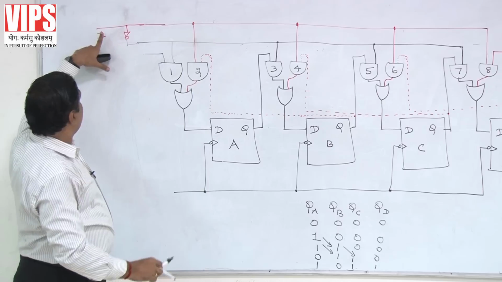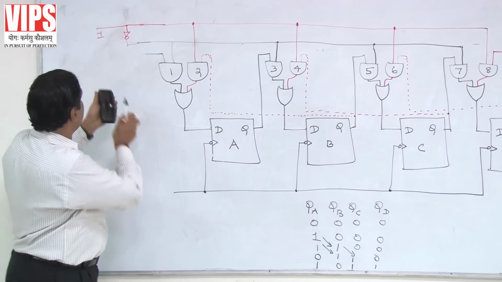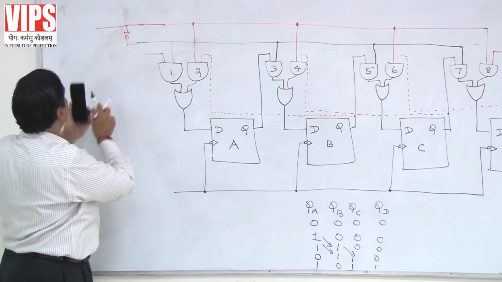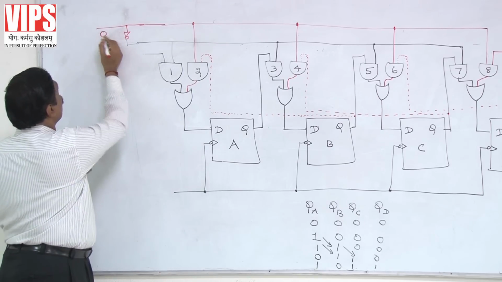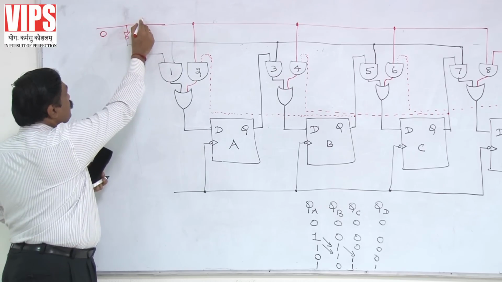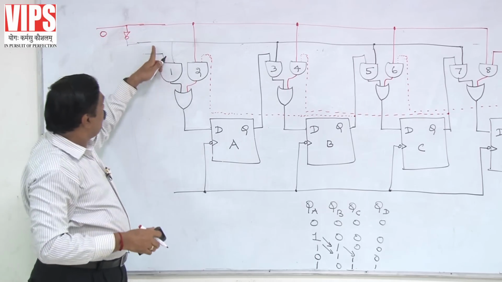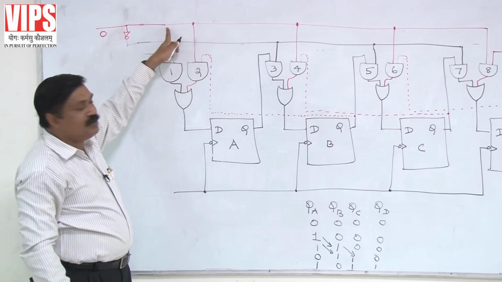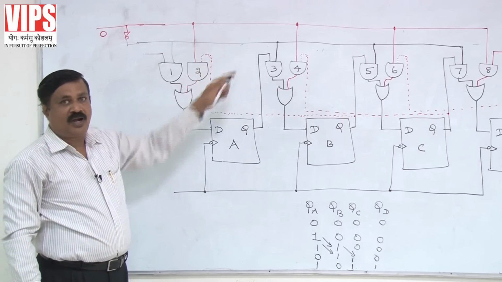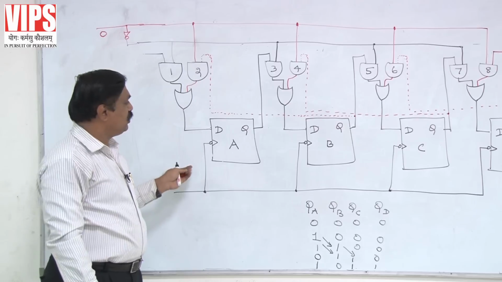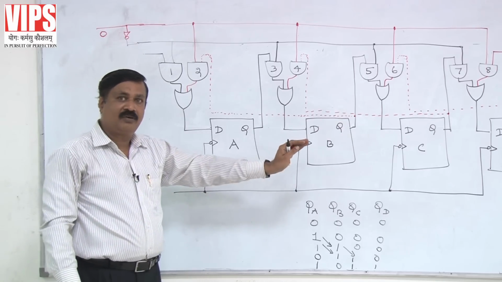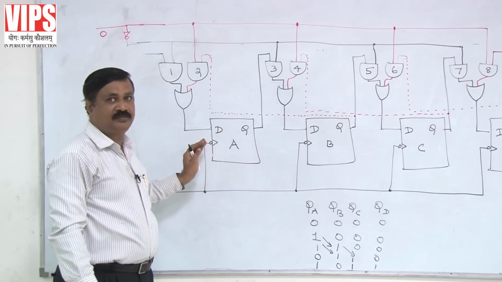If you give 0 here, this will become 0 and this will become 1. Therefore, this will be activated and this will be deactivated. Therefore, at one time you can shift the data either from left to right or from right to left. Thank you.